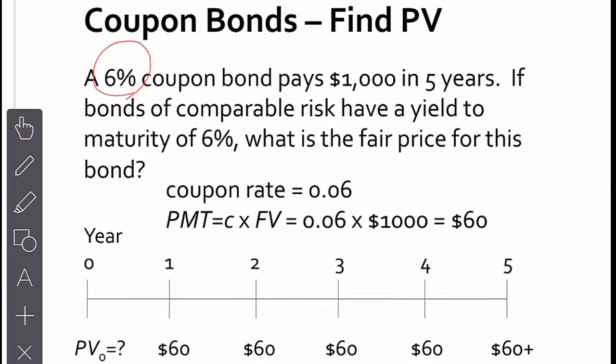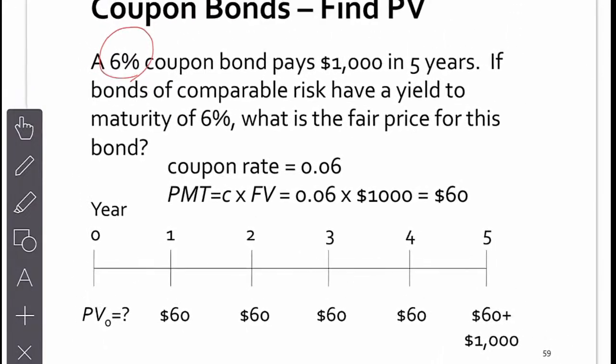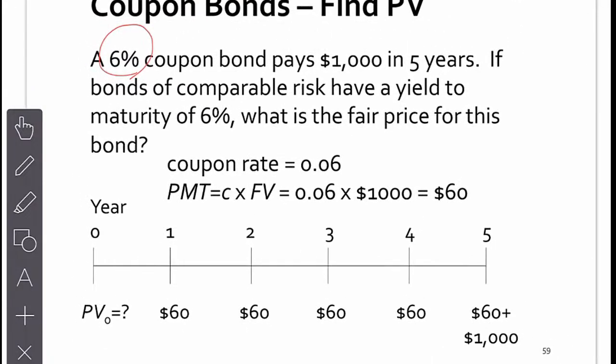Well, to figure it out, you're taking the rate. This is the coupon rate. You calculate the payments you're going to receive, and you can put them on your timeline. So the payments are computed as 6% of the face value. So 6% of 1,000 is 60.